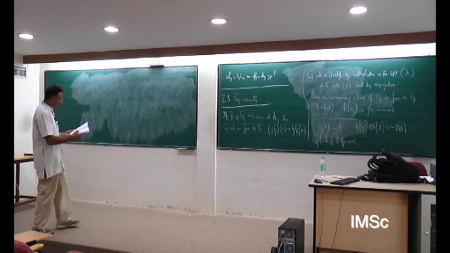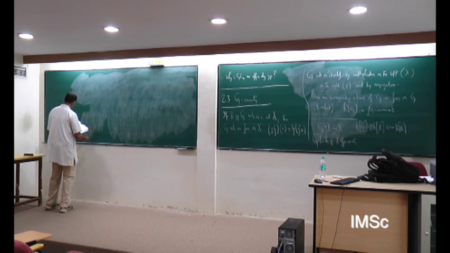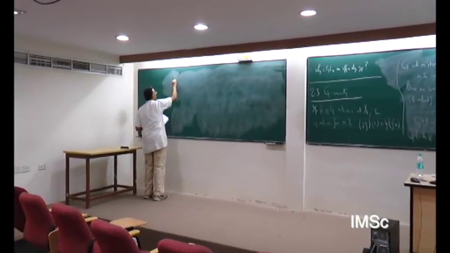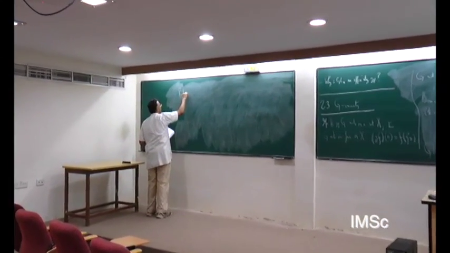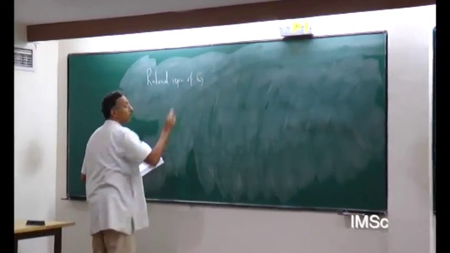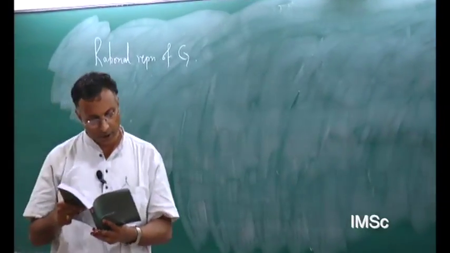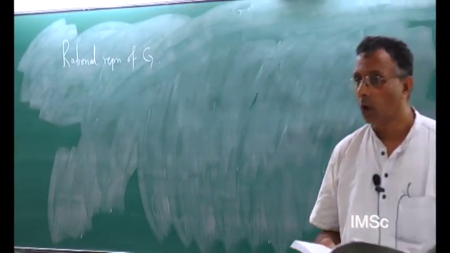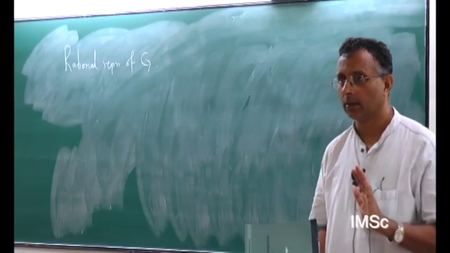Okay, so this is the definition of what is called a rational representation of G. This word rational, maybe I don't know if it bothers you. It is what you would just call a representation.